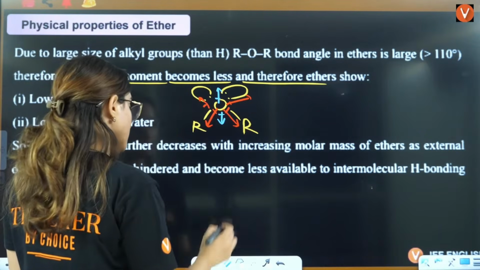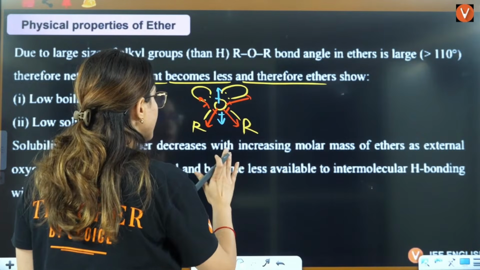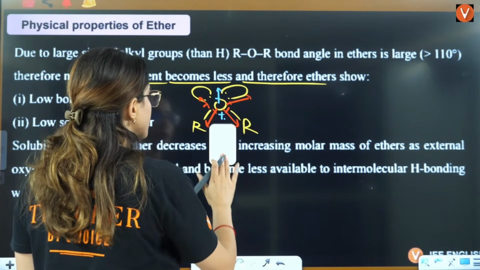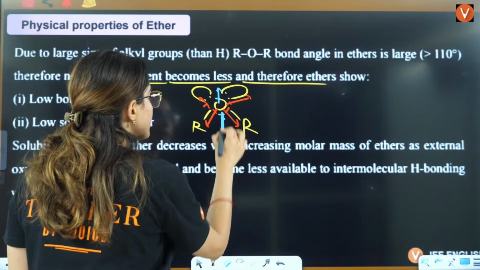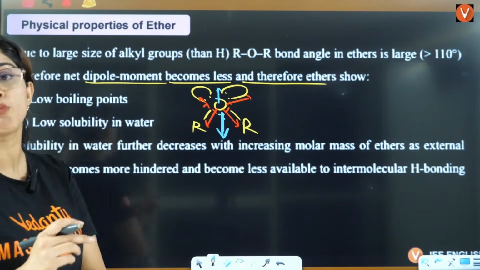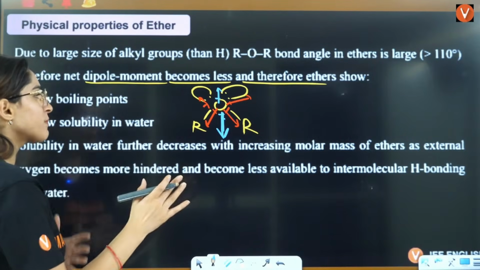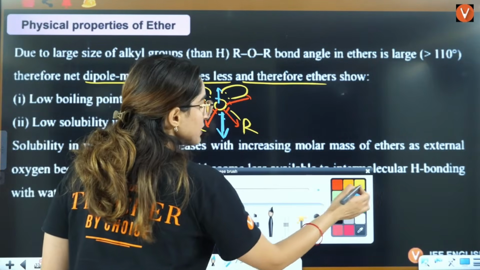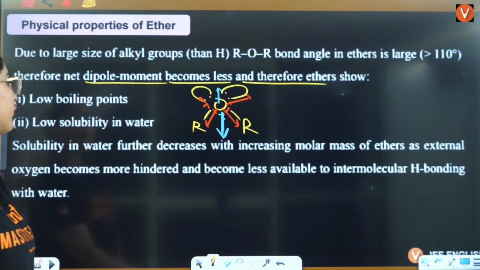Wait a minute, no. Resultant is going to be more in that case, because of cos theta. If this resultant is more, then the dipole moment is going to be less. So all you have to remember is that the dipole moment is less in the case of ethers.